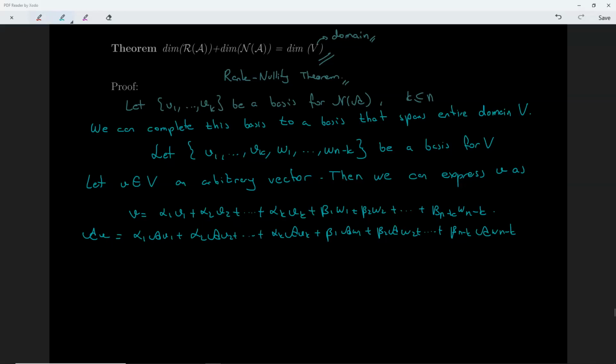So this is now a vector w in the range space of A. And since v was an arbitrary vector, w is an arbitrary vector in the range space of A as well.